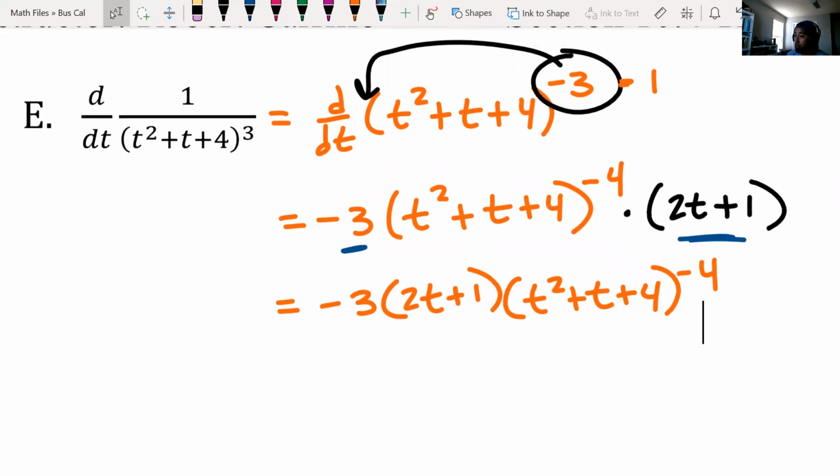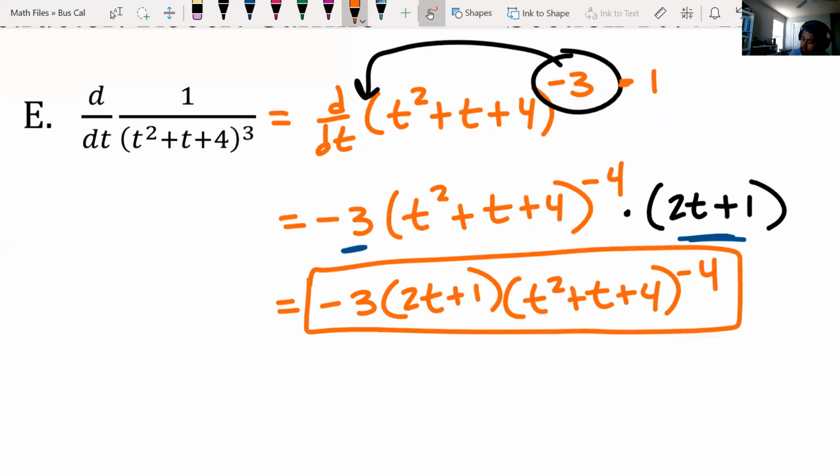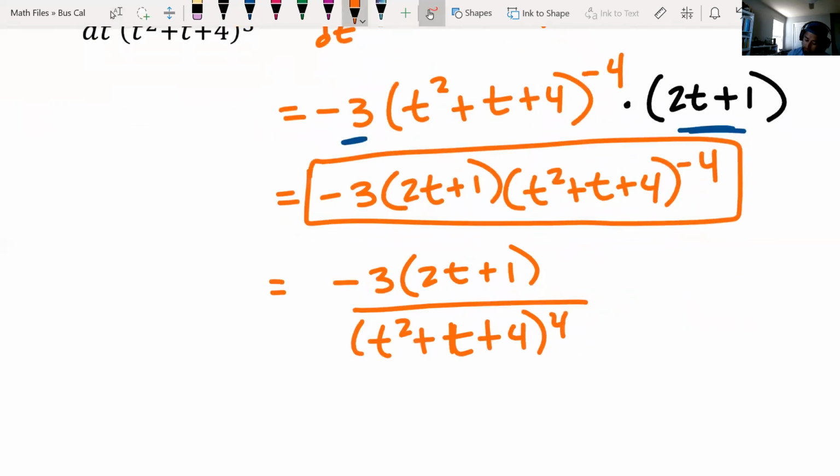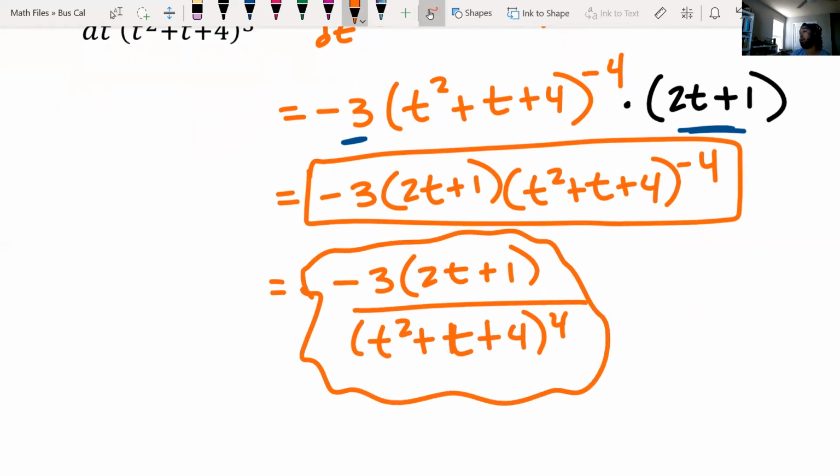Not sure if my math lab wants you to distribute that negative 3, but first off, I'll box this. Another suitable answer would be negative 3 times 2t plus 1 over t squared plus t plus 4 to the fourth. And if you really have to, you can distribute that negative 3 and get one more answer.